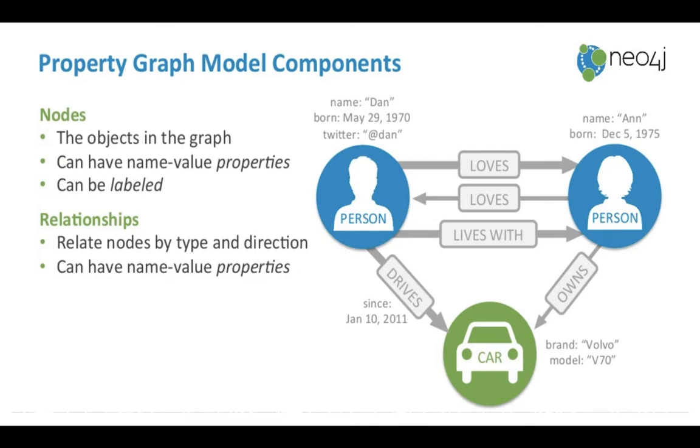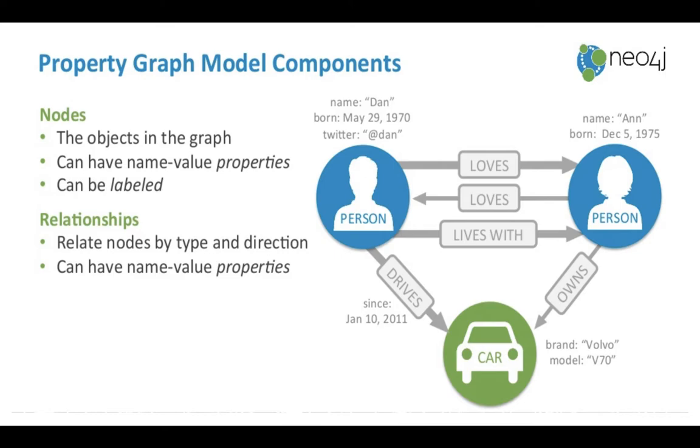So here we have two persons. A person Dan loves Anne, and the person Dan has properties like when he was born and his Twitter handle, and person two also has a property like when she was born.